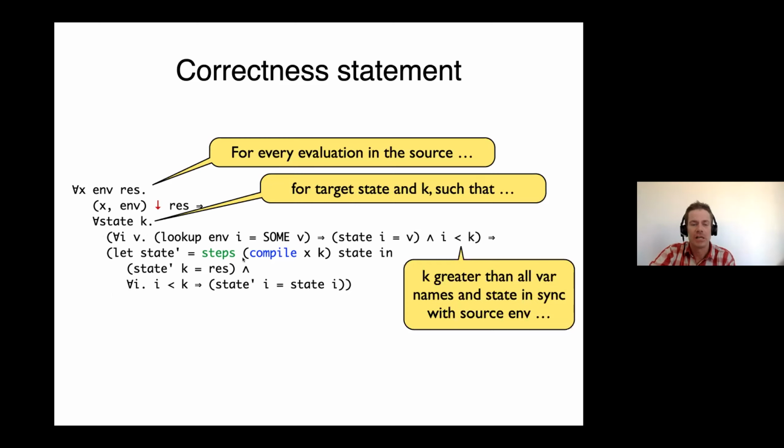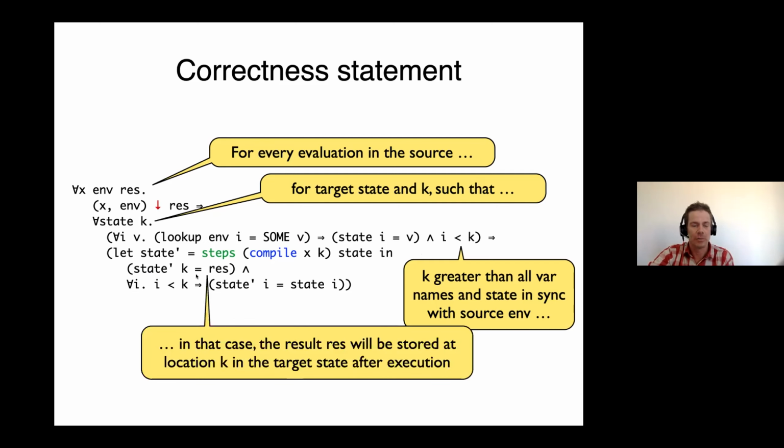The assumption says, if we can look up something in the source environment, then we can find the same in the target state. If you evaluate the target state function at that address, that index, then you get the value that's in the environment.